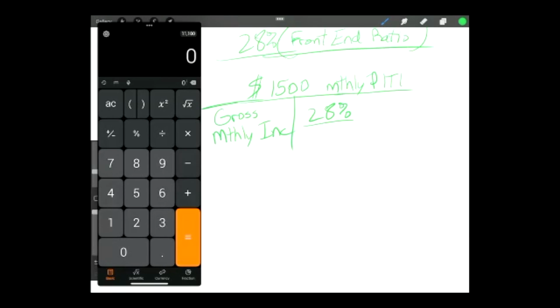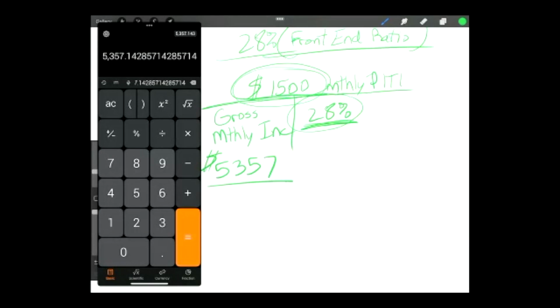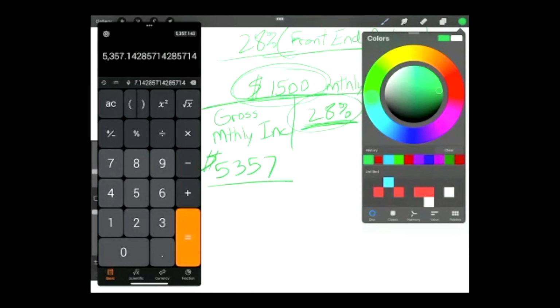So if we know our monthly PITI, we're going to divide it by that 28%. That tells us that our monthly income would need to be at least 5,357 in order for our monthly house payment to be 28% of it. What's 28% of 5,357? 1,500. That's the way you have to look at that.